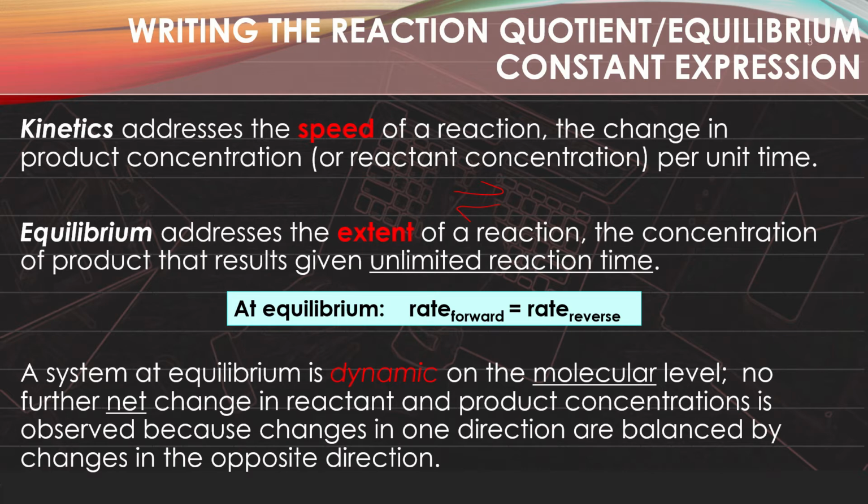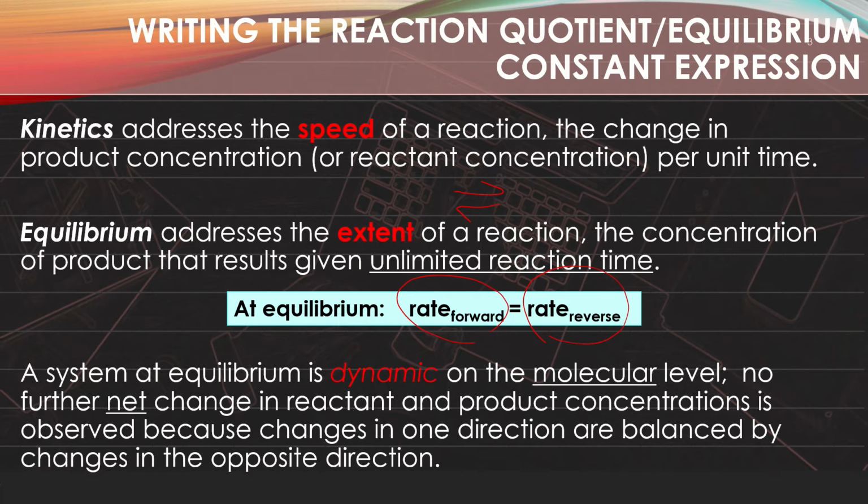Now, since the reaction is reversible, some of the products will be reverted back into the reactants. Kapag sinabi natin equilibrium, pantay na yung ating amount ng reactants at ng products. So, at equilibrium, the rate of the forward reaction is equal to the rate of the reverse reaction. Okay? So, when we speak of forward reaction from reactant to product, pag sinabi naman natin na reverse reaction, ito yung from product to reactant.